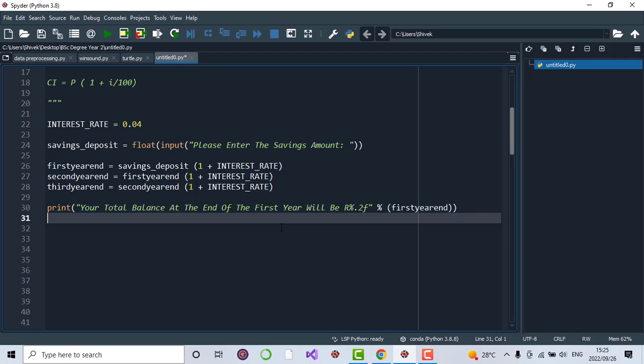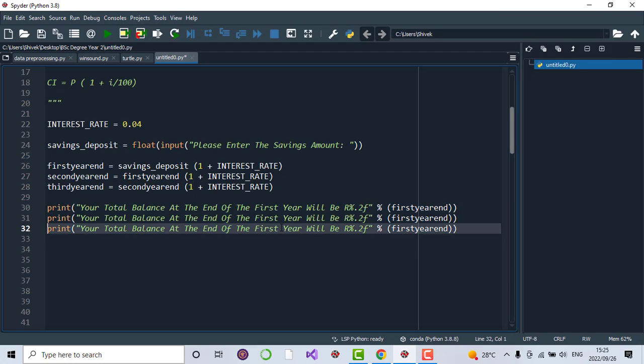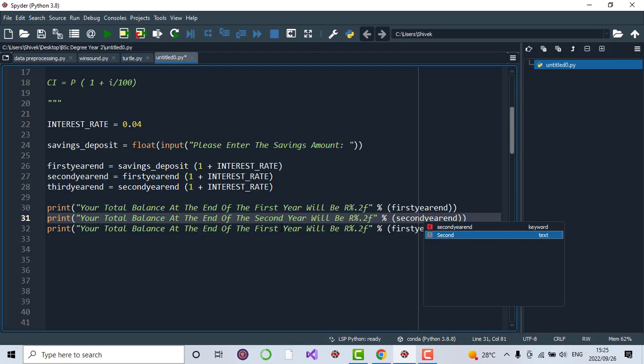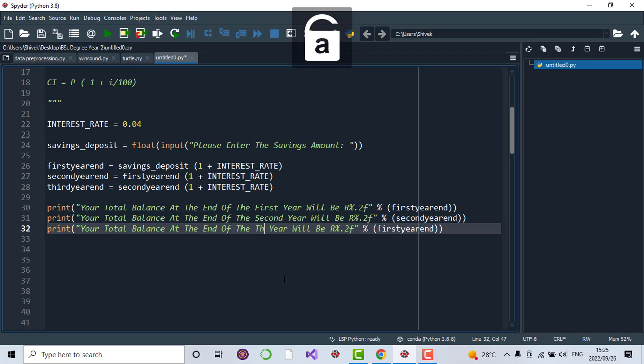Okay. Let us copy and paste the same statement twice, and we may just proceed to change it accordingly. Your total balance at the end, this should be second year, will be r percentage 2f. That remains as is, and we may just change this to second year end and proceed to do the same for the third statement.